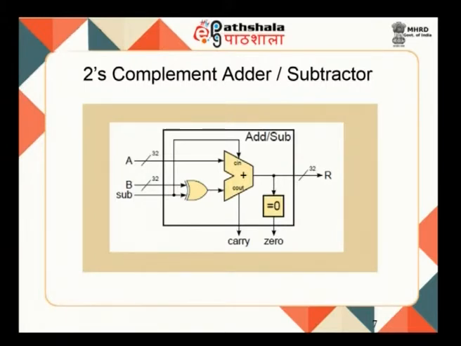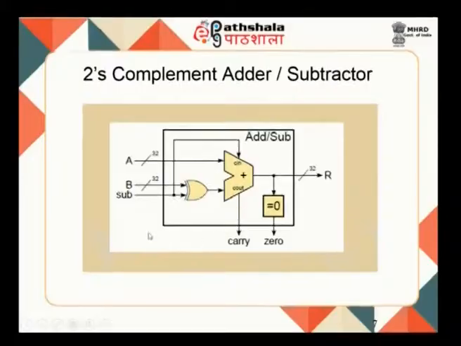But normally what is done is that negative numbers are represented in the complement form, more preferably in the 2's complement representation, and an adder unit is enough to perform subtraction also, because a subtraction operation can always be converted into an addition. When you have to do a minus b, it can be written as a plus minus b. So, it is enough if you have a combined adder subtractor unit to do the subtraction operation.